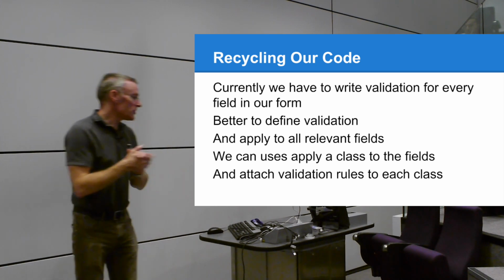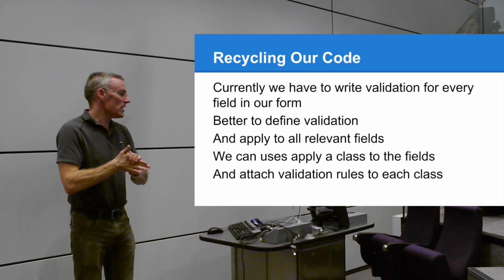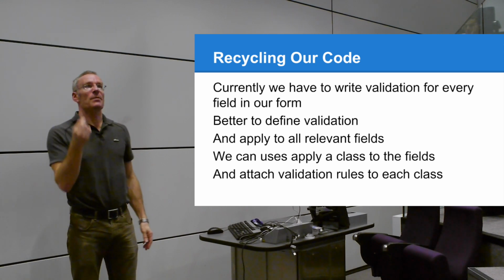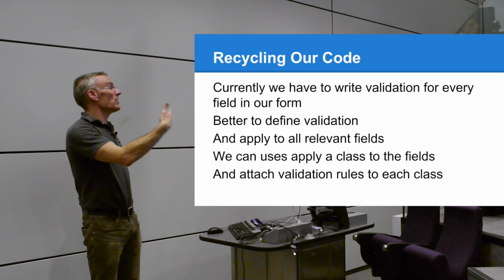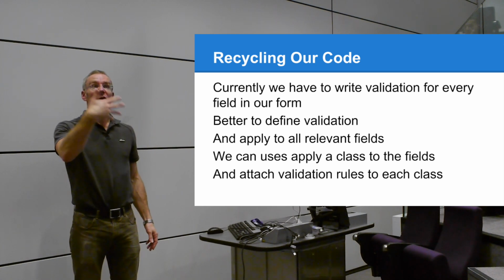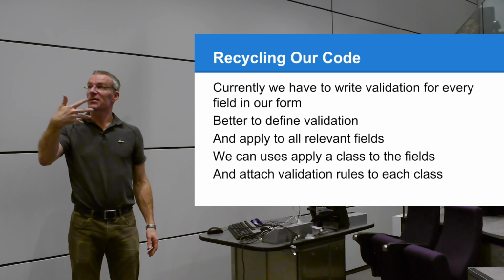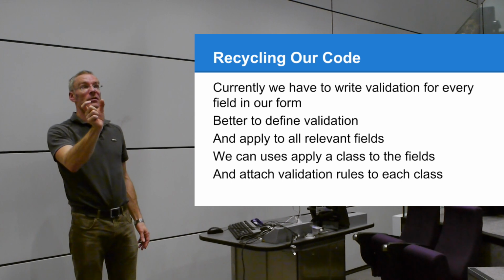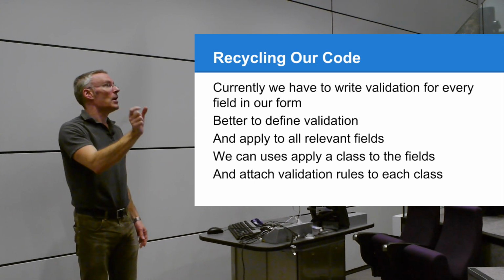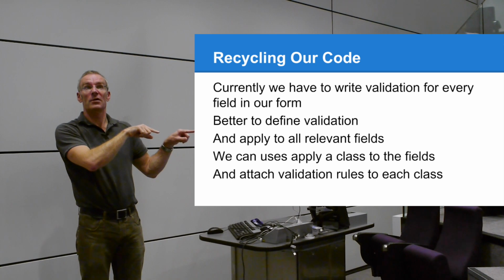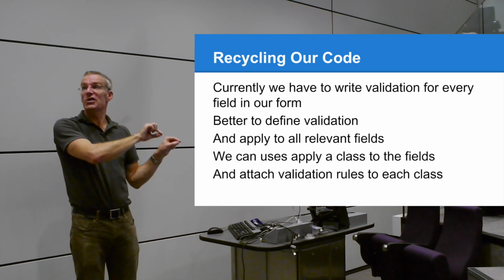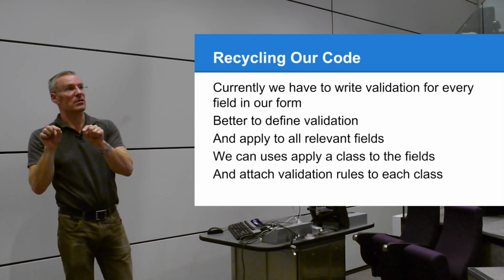The best thing to do is select based on class. So let's imagine you've got 5 fields that have to have a minimum of 5 characters. All you have to do is come up with a little name for that, like min length or something. And when you design your form, add a class min length to your field. And then we can attach this validation code to that class.